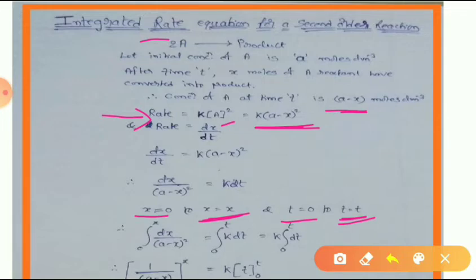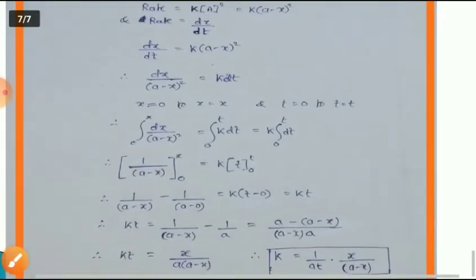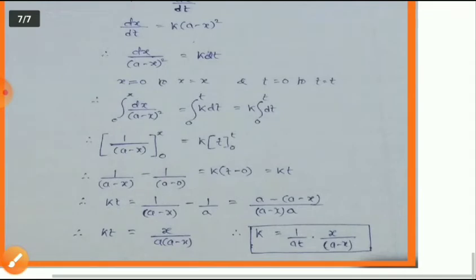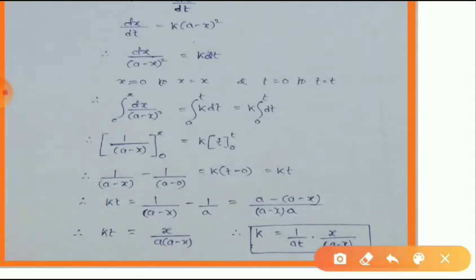After putting the upper limit and lower limit, now integrate the above equation. So we will get the integration of dx upon a minus x whole square equal to the integration of k dt within the limit 0 to t.